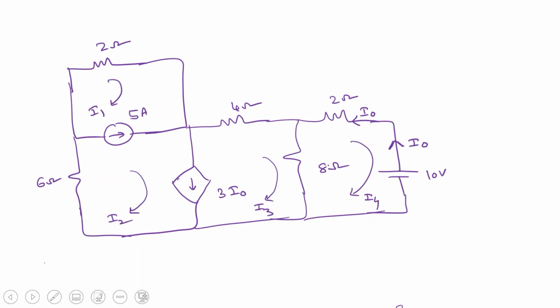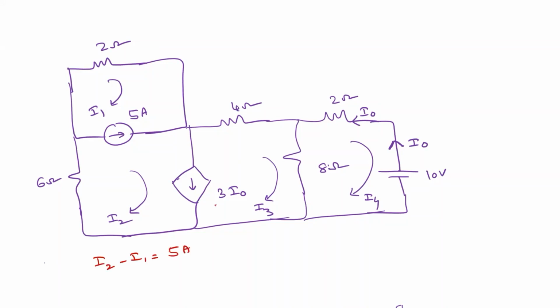What is the next step? In mesh 1, can we write the KVL equation? No, because of the 5 ampere current source. In mesh 2, we can write I2 minus I1 is 5 amperes.